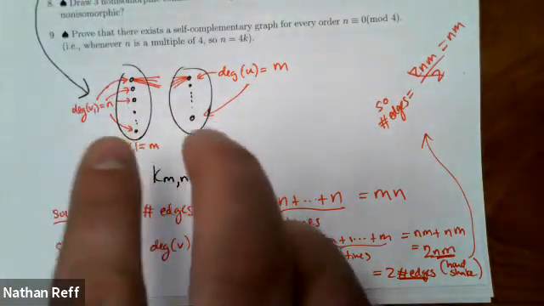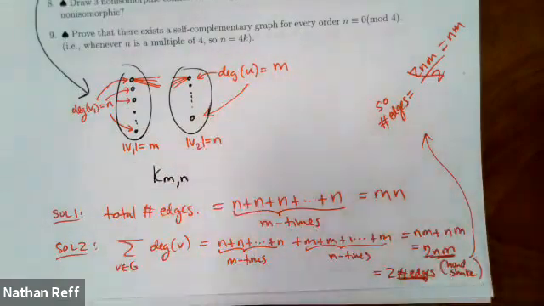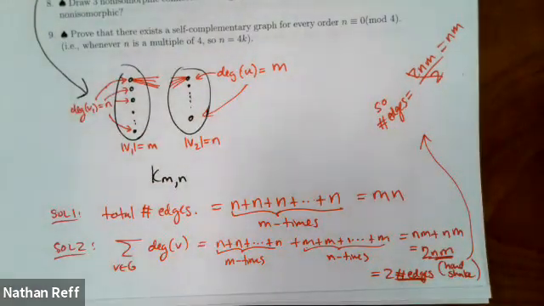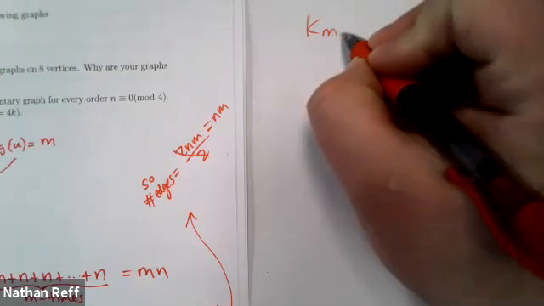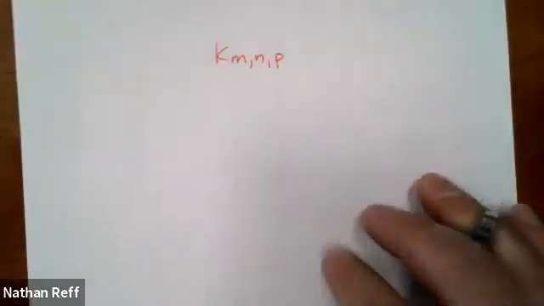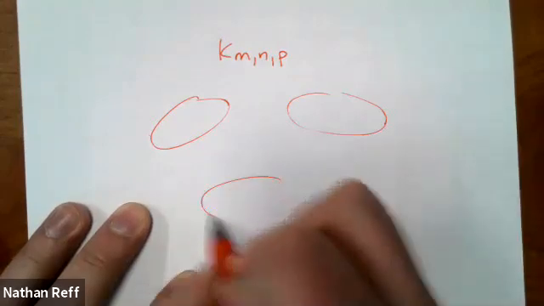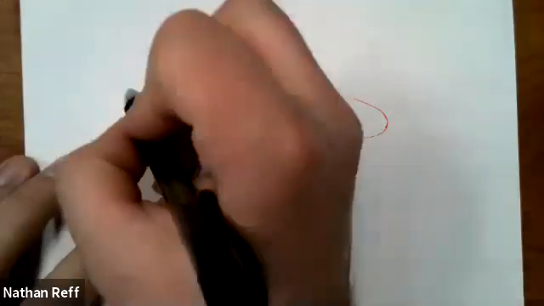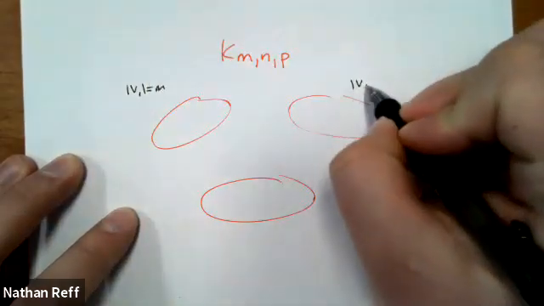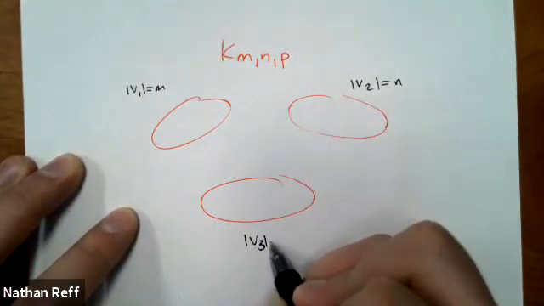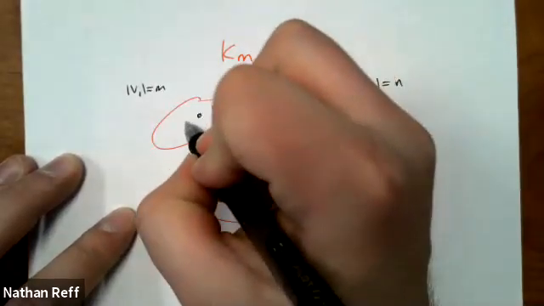7b is pretty much just doing 3 of these. If you were looking at K_{M,N,P}, now you have 3 partitions. This first one is size M, the second one is size N, the third one is size P, and you could just do the same trick.